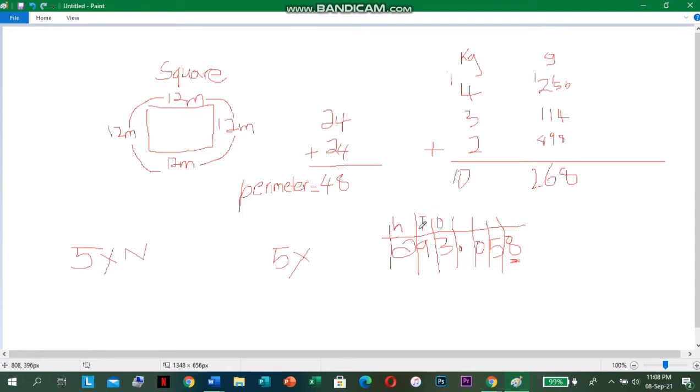So this is 2 hundreds, 9 tens, and 3 ones. All right. And here's my point. So this is 0 tenths, 5 what?